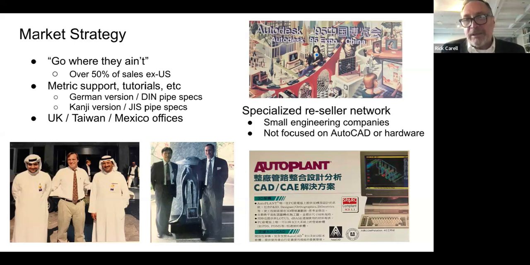And then we had specialized resellers, because pipe specs, it's hard to figure this stuff out. So we would get small engineering companies or equipment suppliers, and they weren't really focused on AutoCAD or hardware so much, but they were in the business. Back in the day, there were 2 wonderful engineering companies in Caracas, Electra and Jantessa.